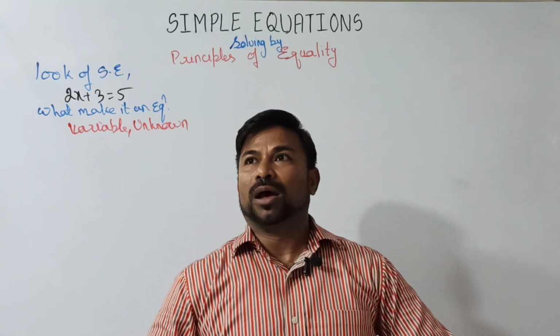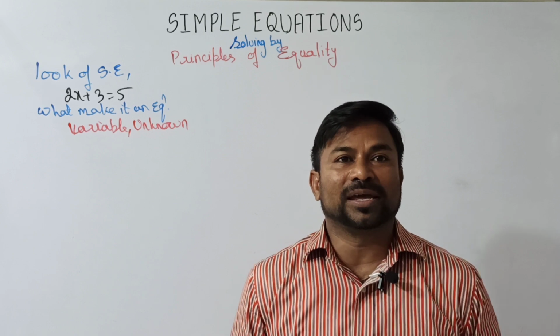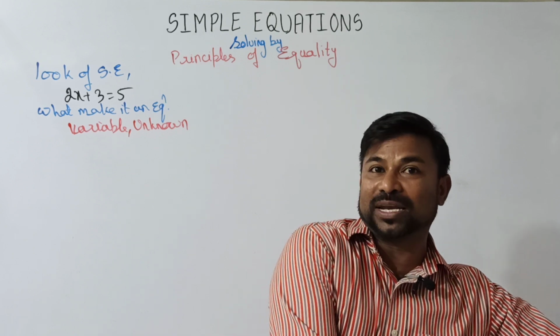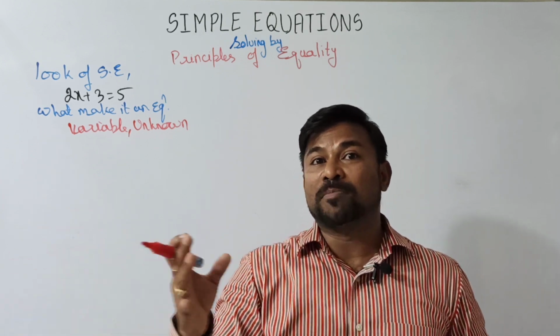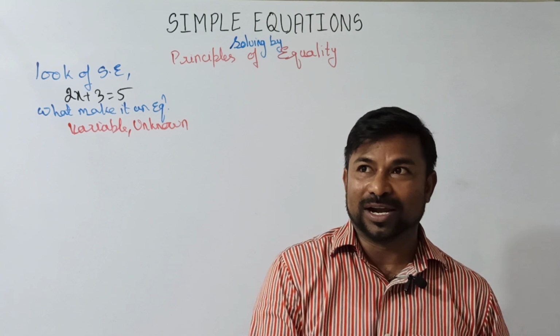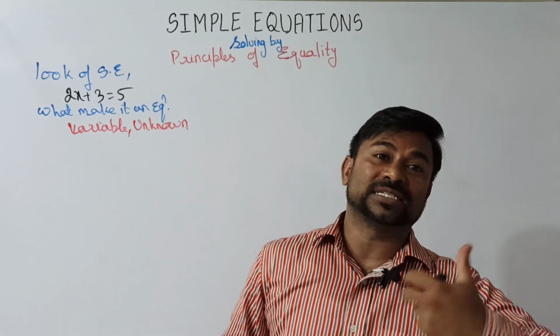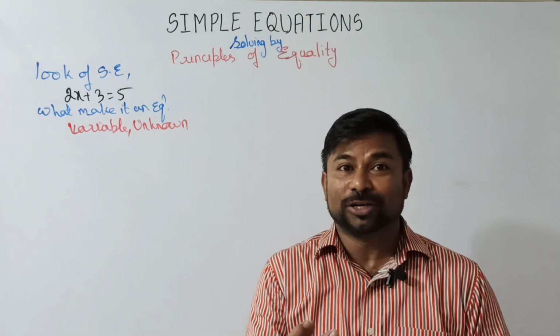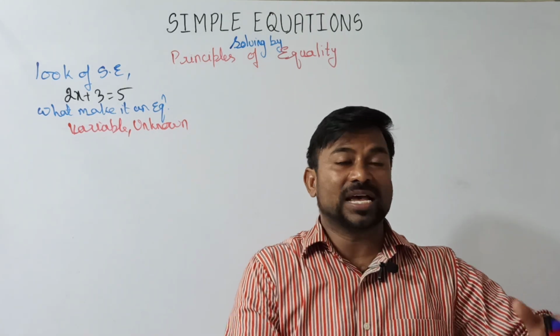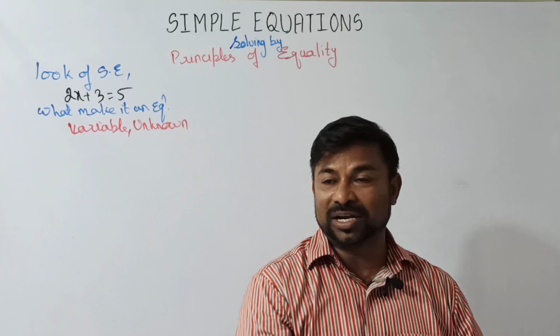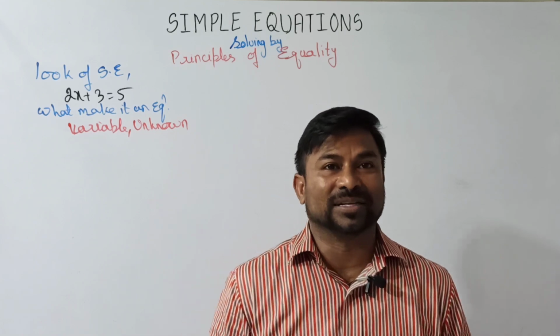Suppose a person has some amount of money. The next day his mom has given 10 rupees, and the total is 15. What is the money he had at the beginning? Let me repeat the question. A person has X amount of money. The next day mom has given 10.